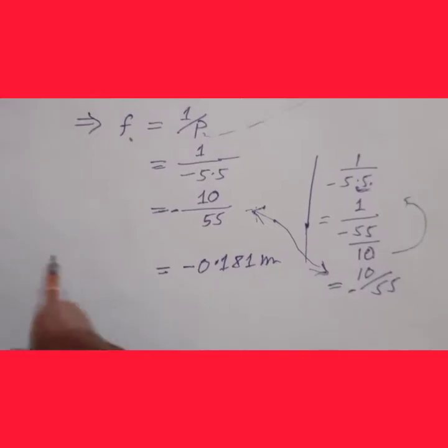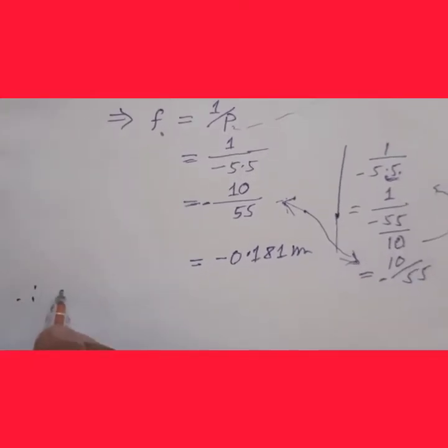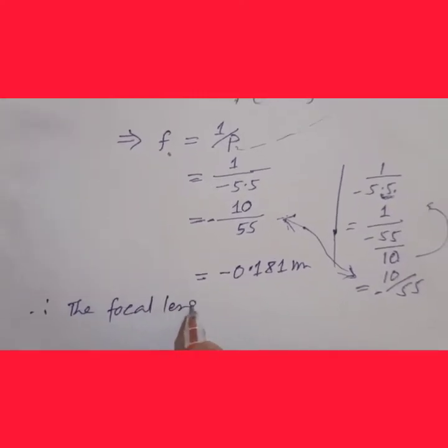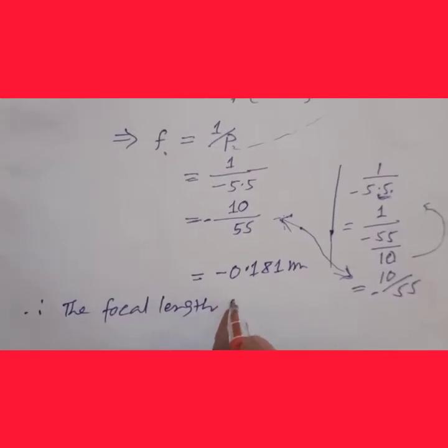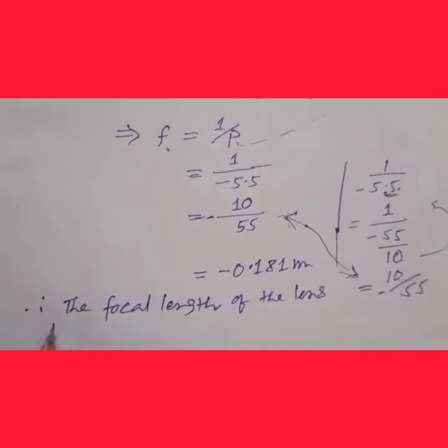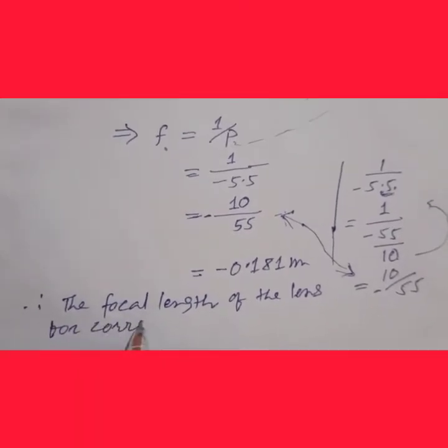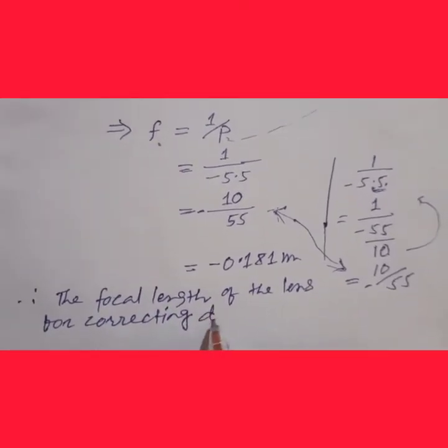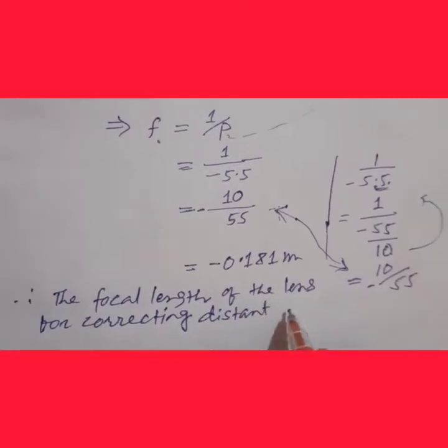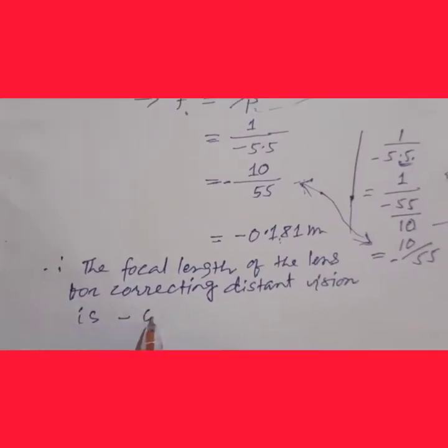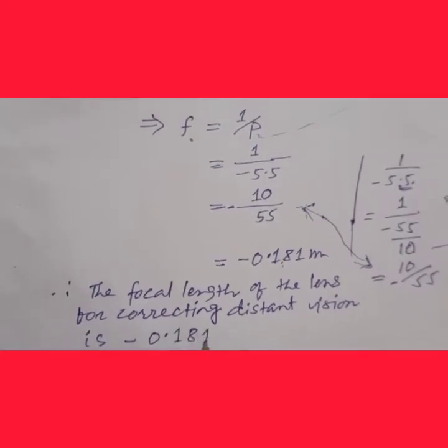Therefore, the focal length of the lens for correcting distant vision is minus 0.181 meter.